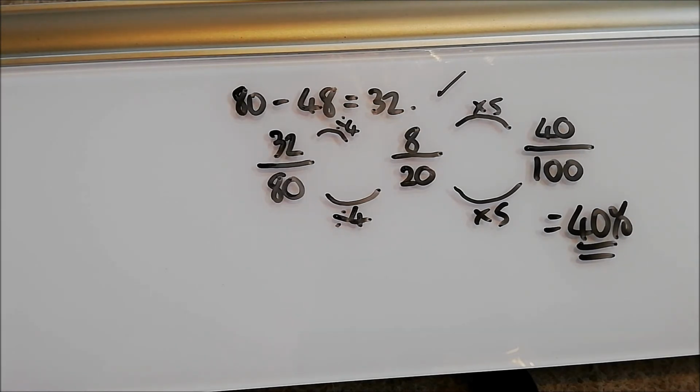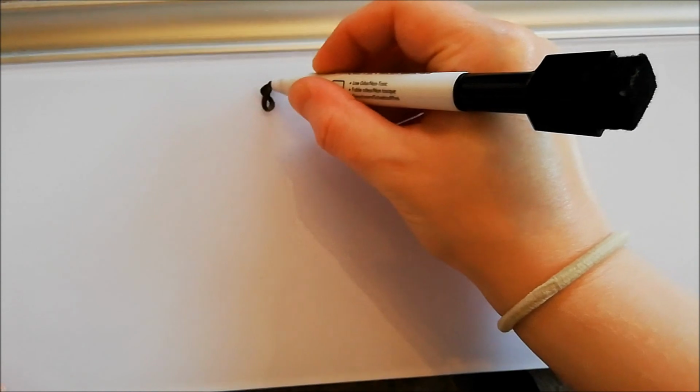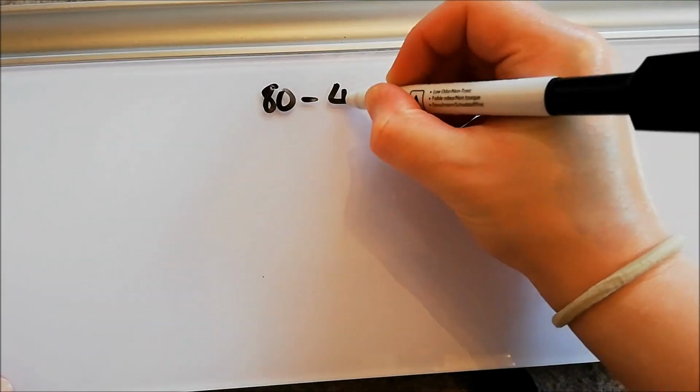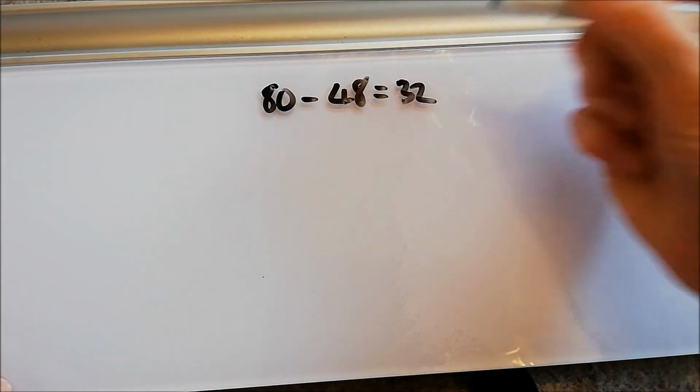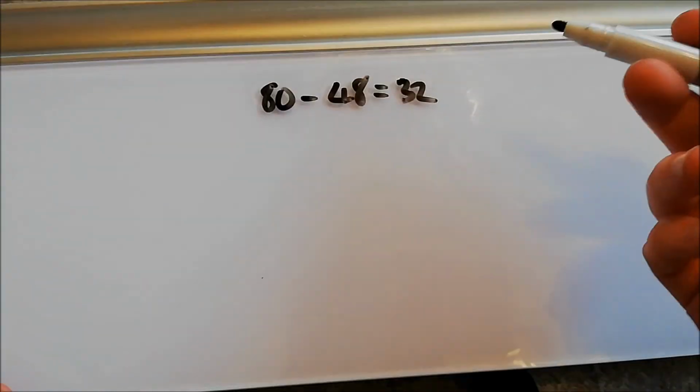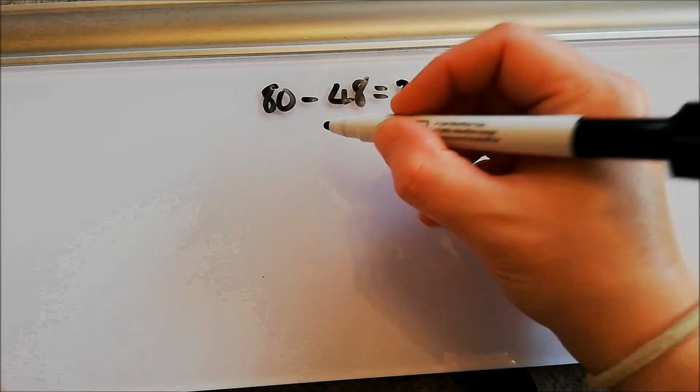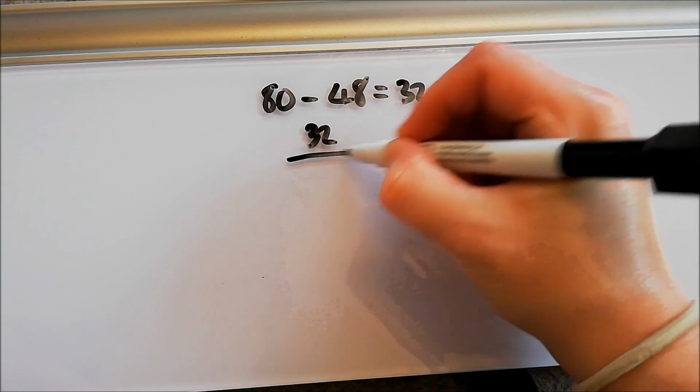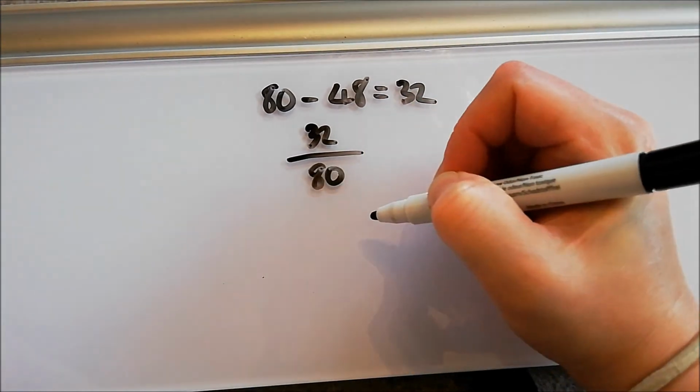If you now put method 2, calculator, in an exam, our first stage would still be 80 take 48 equals 32, except you could do it on a calculator in a calculator exam. And then the actual change is 32. The original value was 80.